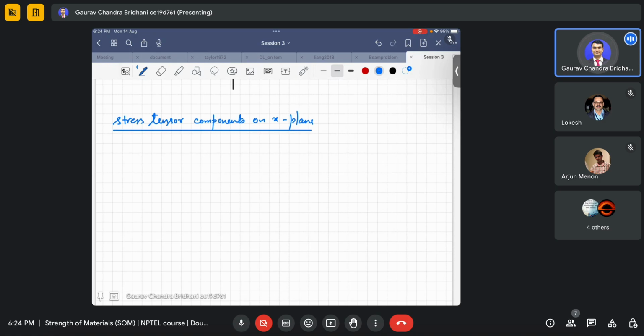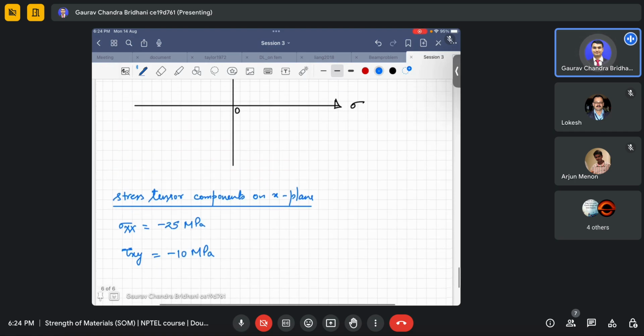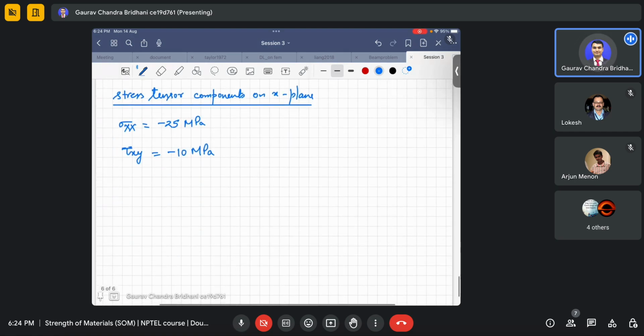So on the x plane, we have sigma xx, which is minus 25 MPa, and tau xy, which is minus 10 MPa. Okay, so as you remember that, I'll write the stress tensor components on the y plane also, then I'll explain.